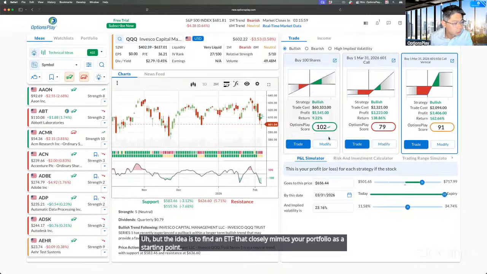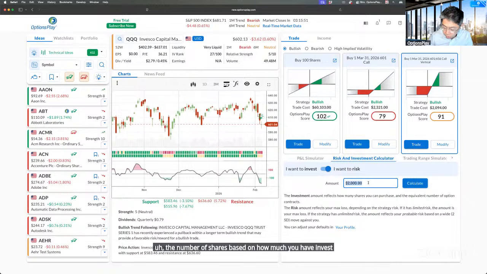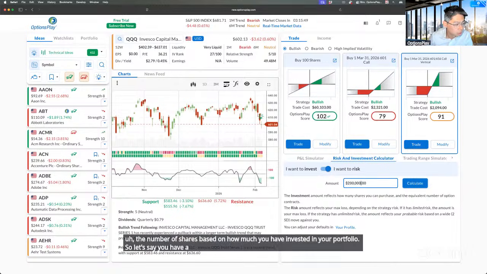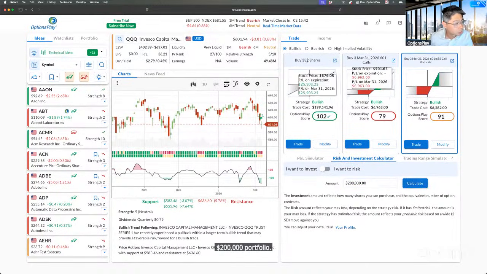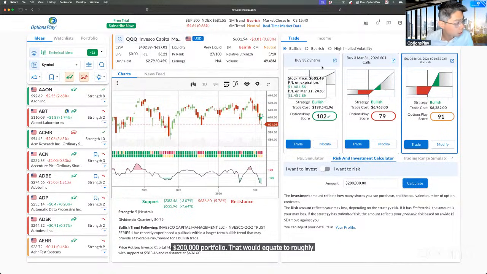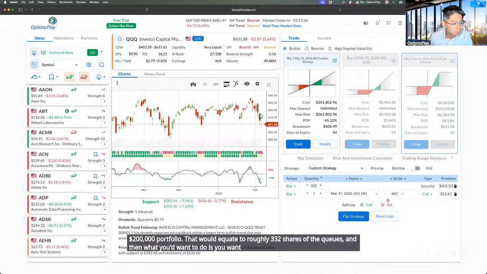You would want to then adjust the number of shares based on how much you have invested in your portfolio. So let's say you have a $200,000 portfolio. That would equate to roughly 332 shares of the QQQs. And then what you'd want to do is do the same thing that we did before.